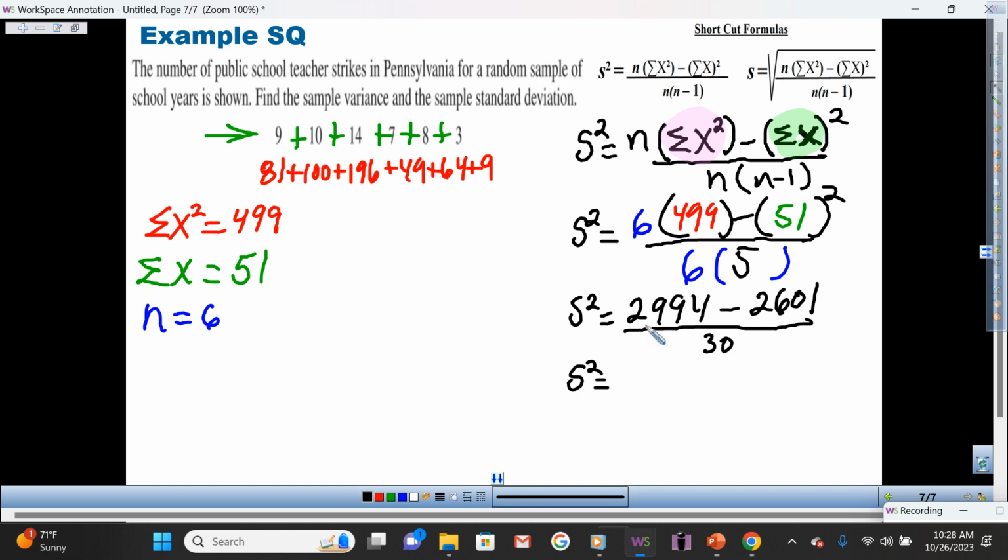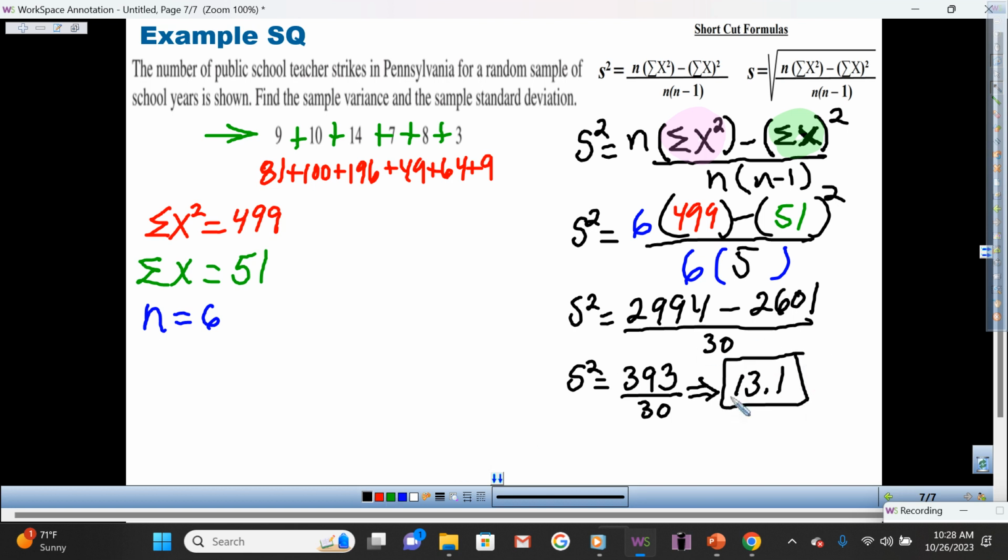Continue. Variance is 2994 minus 2600 is 393 divided by 30. We're almost done. So what is 393 divided by 30? What is it? 13.1. So we're done with our variance.